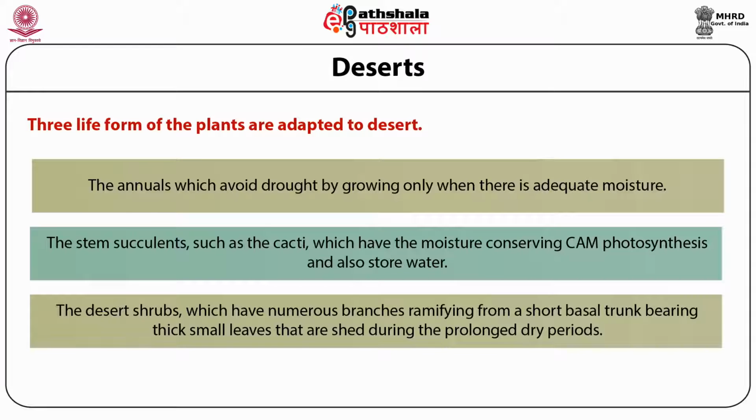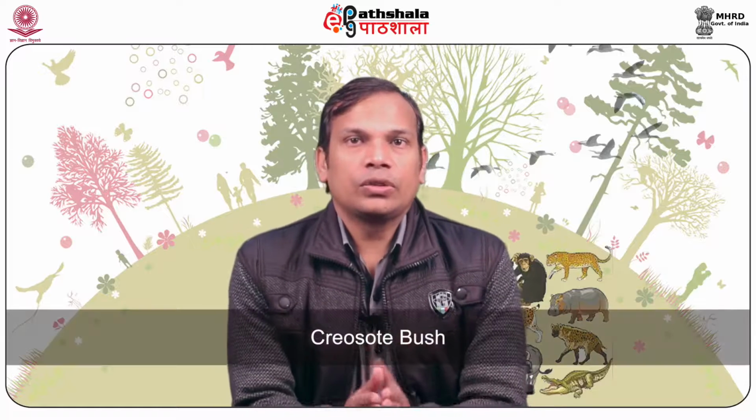Although arbitrary, it is convenient to recognize two types of deserts on the basis of temperature: hot deserts and cool deserts. In North America, the creosote bush is a widespread dominant of the southwestern hot desert, and sagebrush is the chief plant over the large area of the more northern cool deserts of the Great Basin.